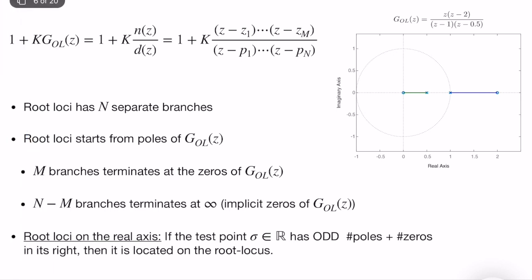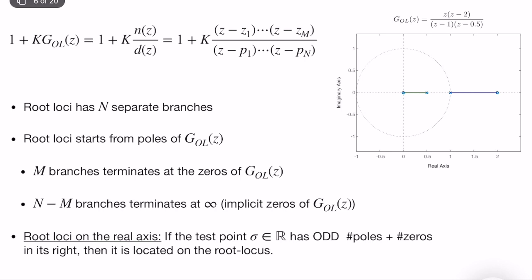Okay, so in general, the most important part of the root locus in a continuous time system is the imaginary axis, because we want all of the poles to be in the open left half plane. But in a discrete time system, the region of stability is the unit circle. So we draw the unit circle.